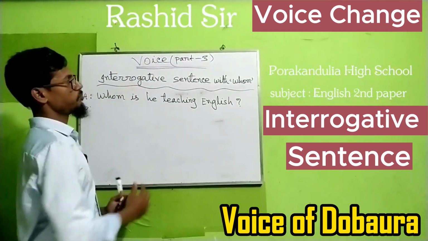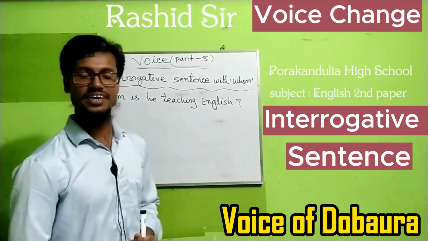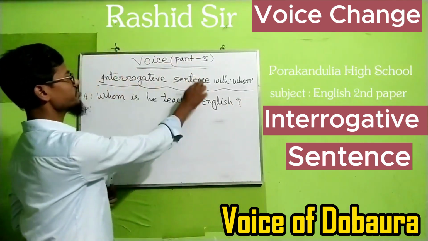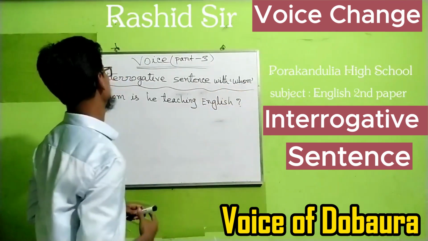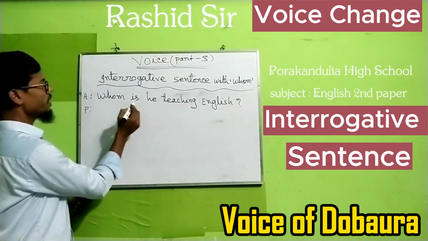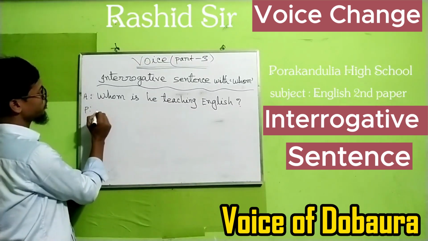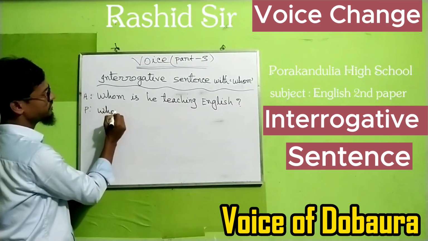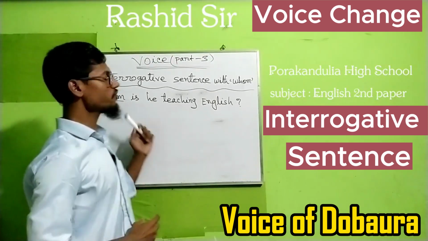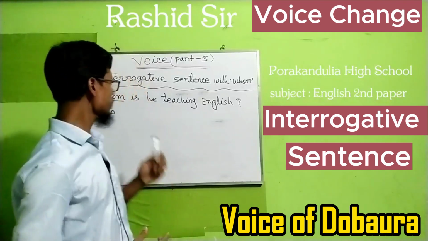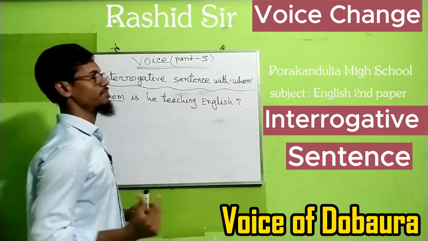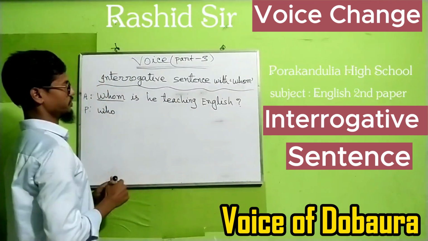Now look at the voice change of interrogative sentence with whom. Whom is he teaching English? We have to use who instead of whom. Then we have to take auxiliary verb according to tense and subject.